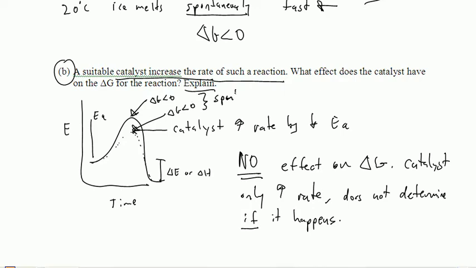Both are spontaneous. This EA happens at a faster rate because the catalyst decreased the energy hill, but both could be happening spontaneously. For instance, this situation here could represent ice melting at 1 degree Celsius, and this situation here could represent ice melting at 20 degrees Celsius.